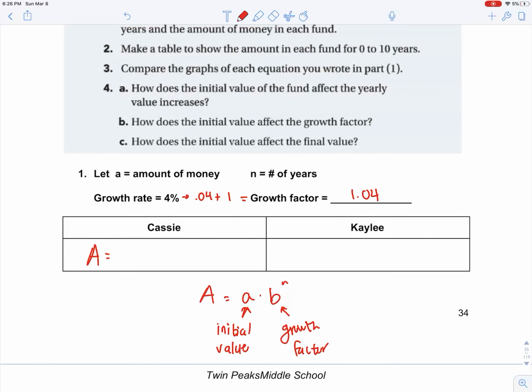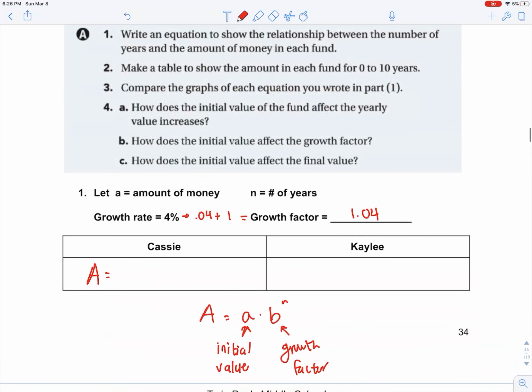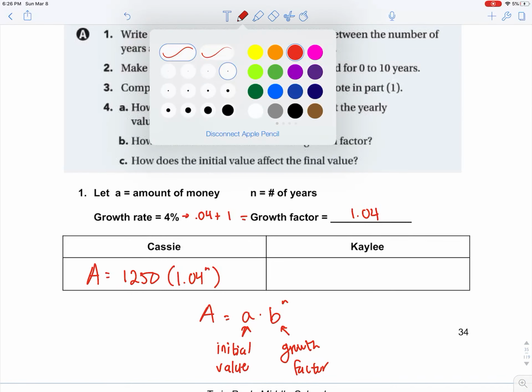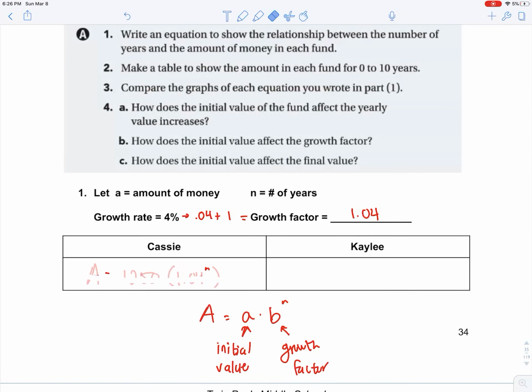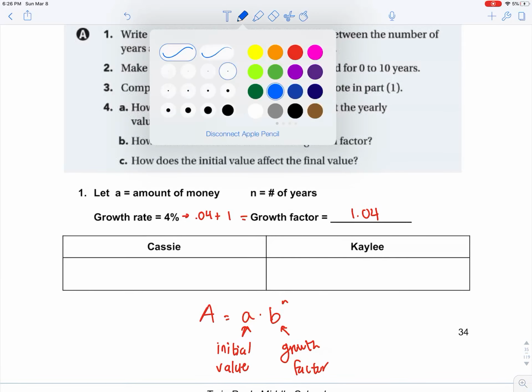So for Cassie, we have A is equal to, where did she start? She started at $1,250, so we're going to do 1,250, and multiply it by the growth factor of 1.04 raised to the nth power. Actually, I should stick to my colors here.